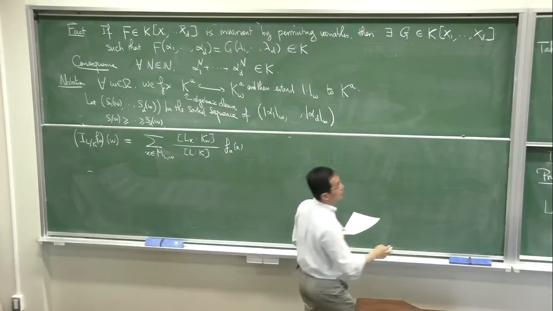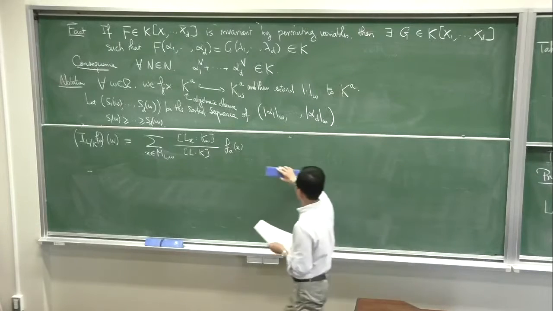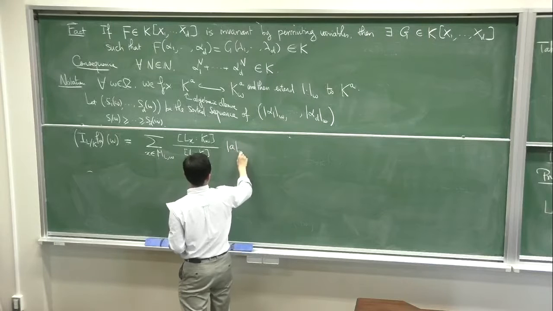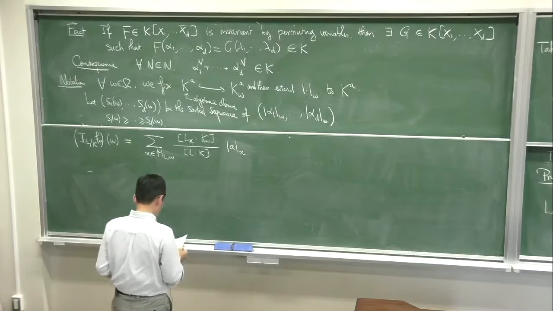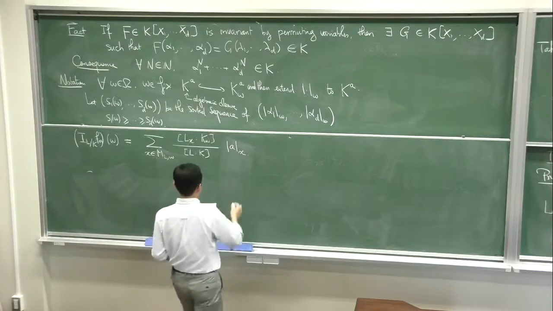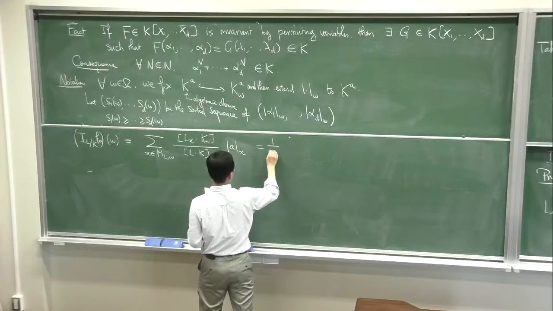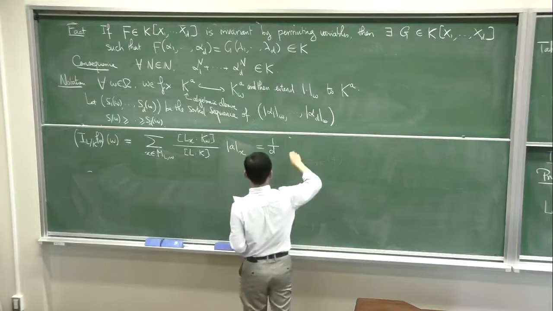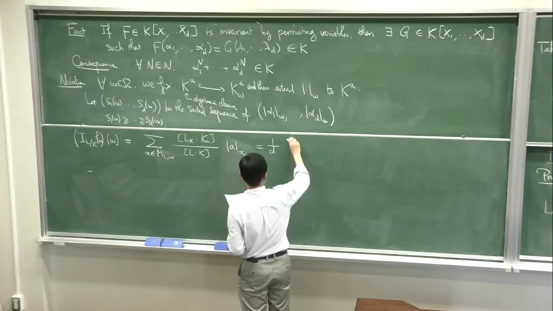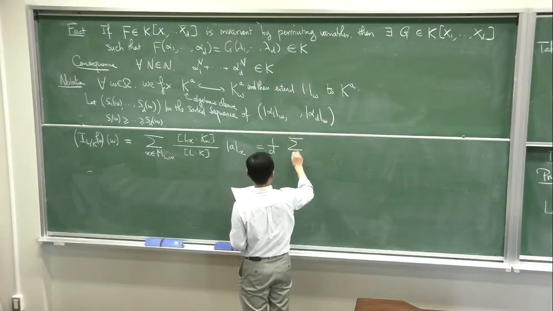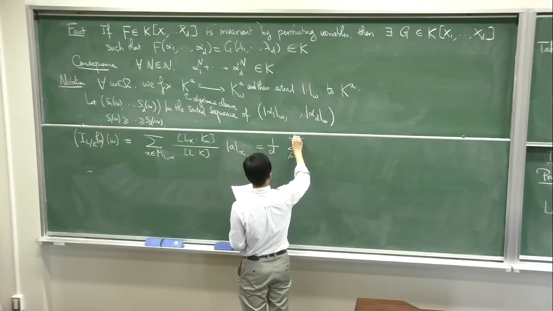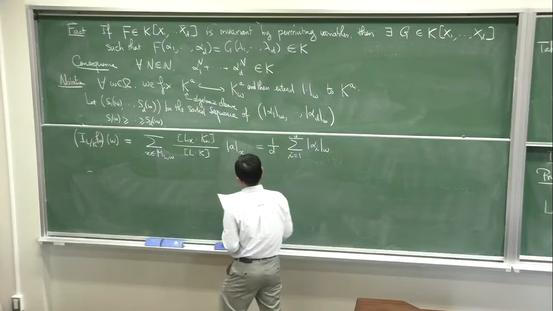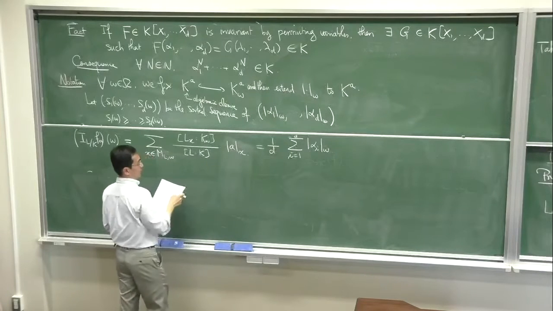So f(x) is the absolute value of x. Okay, so this is just 1 over d, because d is the degree of L over k. And then I take the sum for i equal to 1 to d of |alpha_i(omega)|.